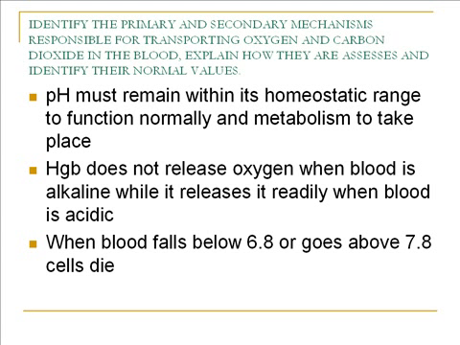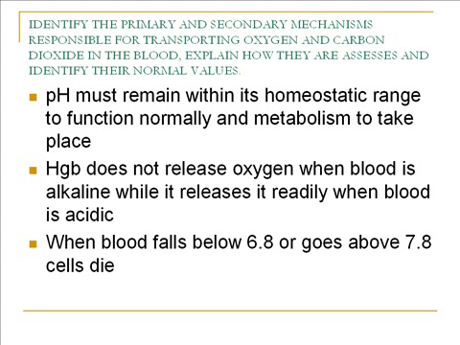In order for us to be happy and healthy, our pH needs to stay within that range of 7.35 to 7.45, especially if metabolism is to be maximally effective. Hemoglobin doesn't release its oxygen when our blood is alkaline because it doesn't need to be there, because there must be enough oxygen.